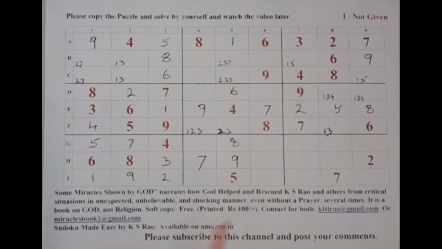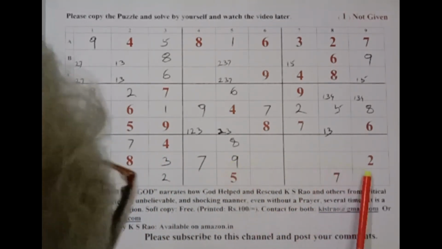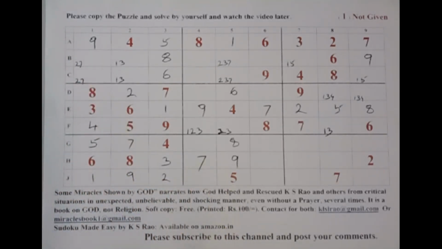Okay. And nothing else happens. We cannot check this box at all. We can see now. Okay, we shall see like this. Row H requires only three numbers to complete: 1, 4 and 5.